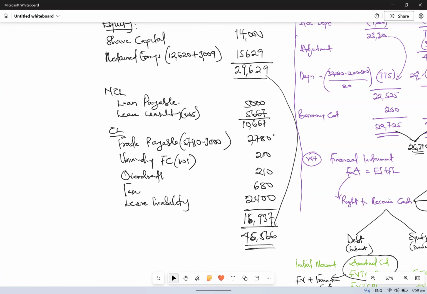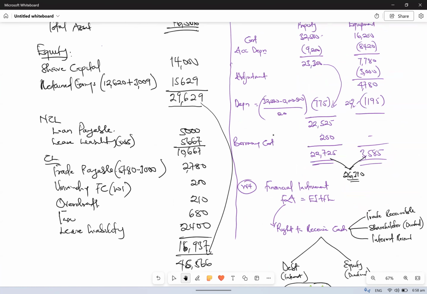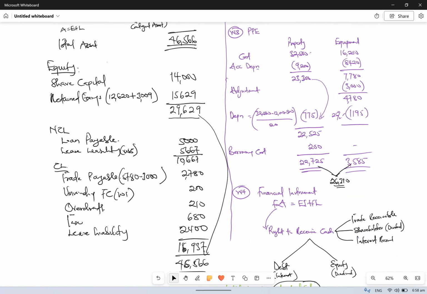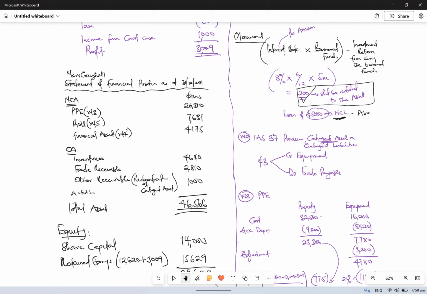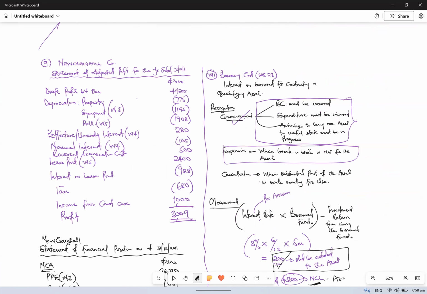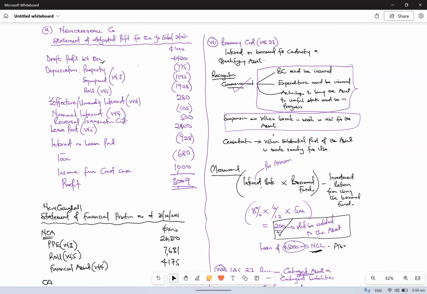Usually when they bring this type of question, students struggle a lot. Where they've given you the draft, sometimes it's even retained earnings, not the draft profit. Sometimes they'll give it to you as retained earnings, so you put it there, then you'll be making the adjustment on it one by one. And if you are not able to make the adjustment well, it will put you into serious trouble.